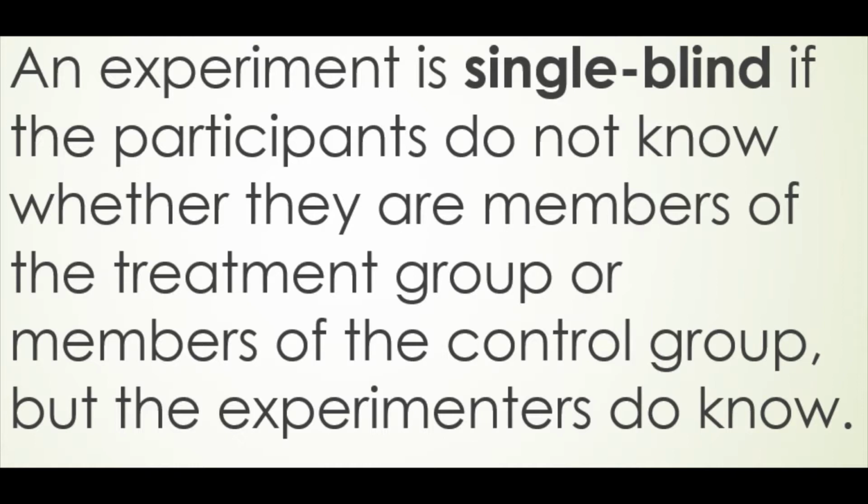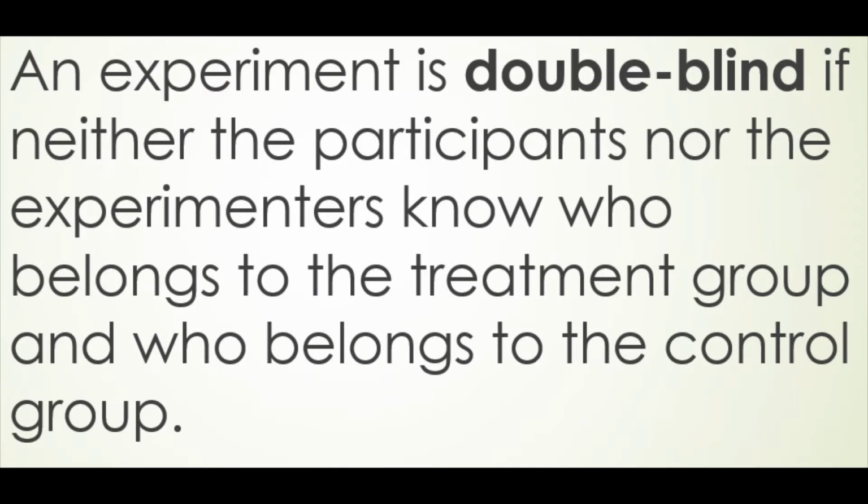An experiment is single blind if the participants do not know whether they are members of the treatment group or members of the control group, but the experimenters do know. For example, if we're testing a drug, then the treatment group would get the actual drug. The control group would get a placebo, so that none of them know whether they are in the treatment group or the control group. They know they took a pill, but they don't know whether it was the actual drug being tested or a placebo.